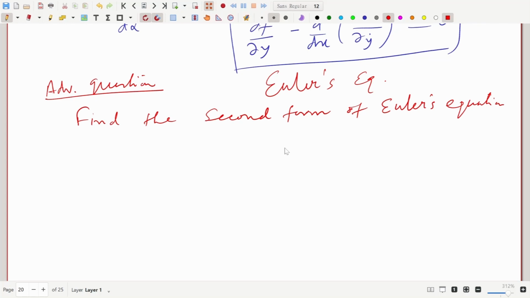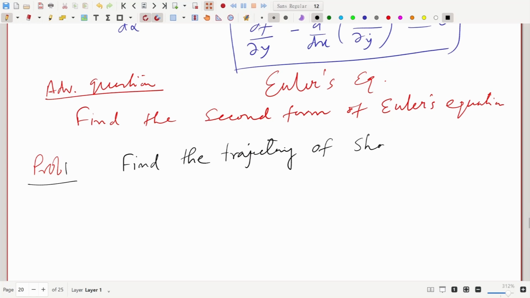Suppose I ask you to solve this problem: find the trajectory of the shortest path on a plane.